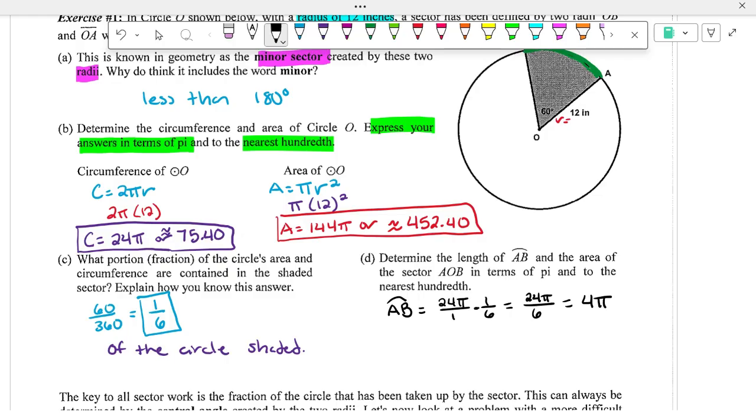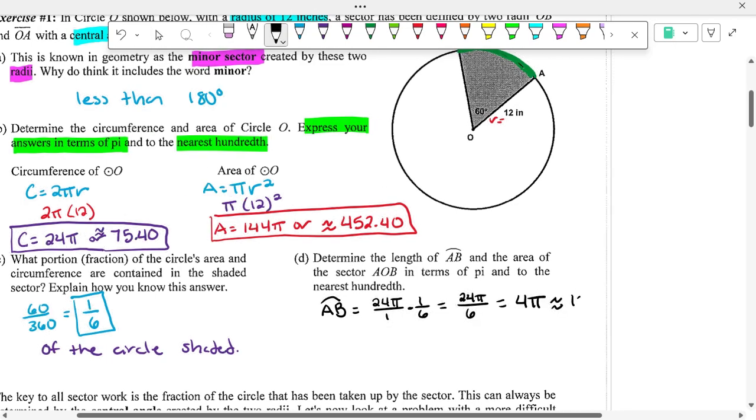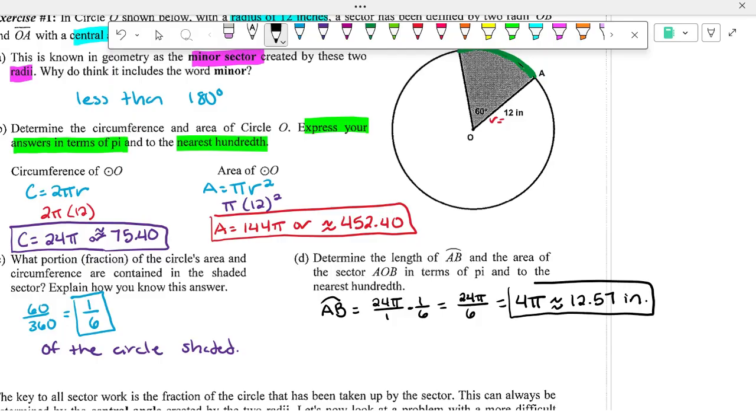What is it approximately? 12.57 to 2 decimal places. 5.7 inches. So this right here is our arc length, which, remember, is just the piece of the circumference.